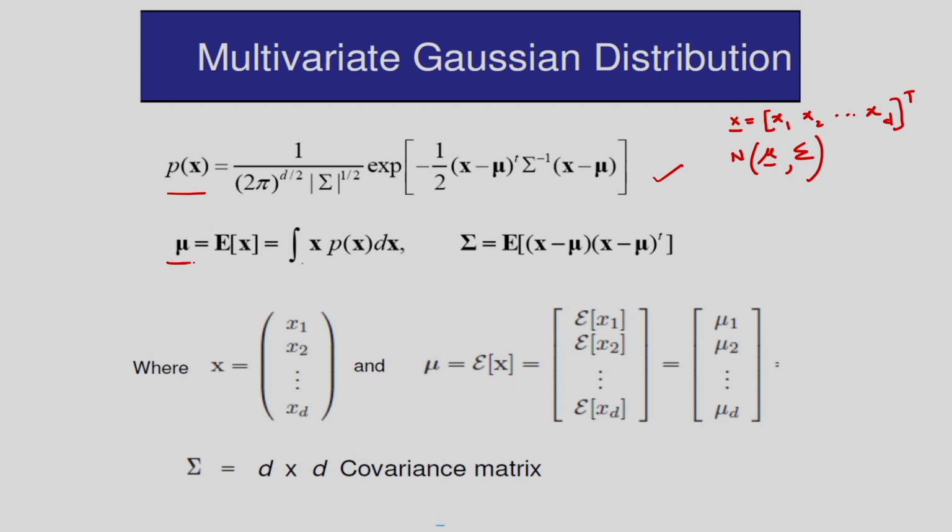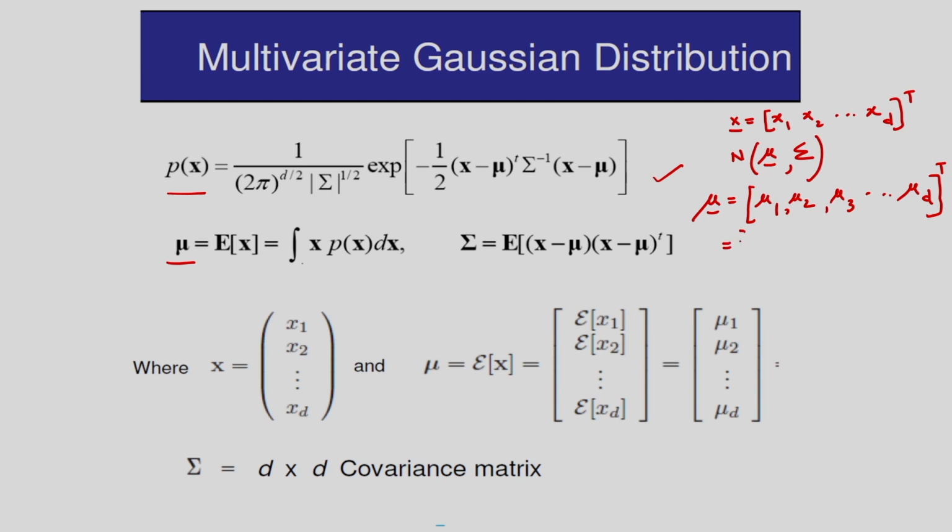I can determine the mean vector from the input vector. The input vector is x. So the mean vector is mu, equal to mu1, mu2, mu3, and since I am considering the d-dimensional vector, this is the mean vector.